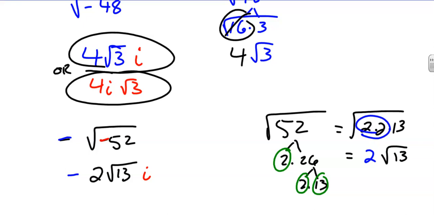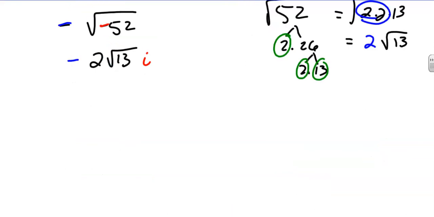Okay, so that's objective 1. Objective 2, all they're going to do is give you numbers that you have, but now they're going to ask you to either multiply or divide.